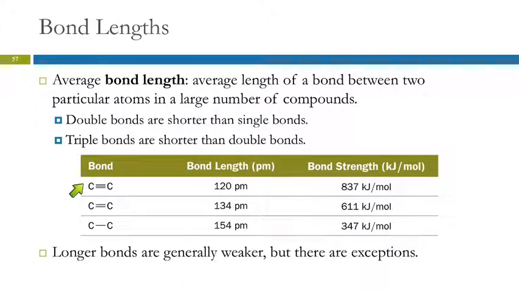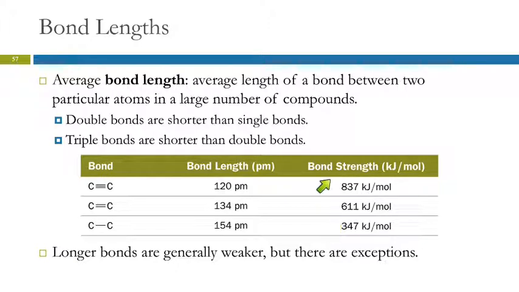So here we've got carbon bonded with carbon, a triple, a double, and a single bond. The bond length is 120 picometers for the triple bond, 134 for the double bond, and 154 for the single bond. The single bond, the atoms are further apart from each other. Double bond pulls them together closer, and a triple bond pulls them together even closer.